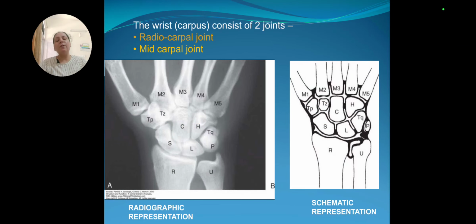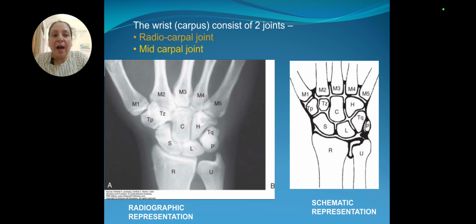Now let us start with the wrist complex. The wrist is called the carpus and it has two joints, the radiocarpal joint and the mid-carpal joint. If you can see here, the radius and the carpus, the radiocarpal joint means the distal end of the radius, the scaphoid, the lunate and the triquetral.